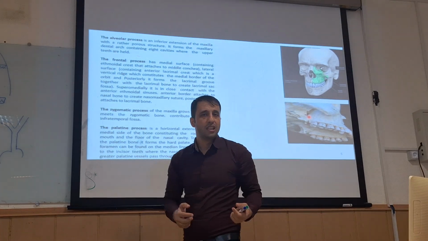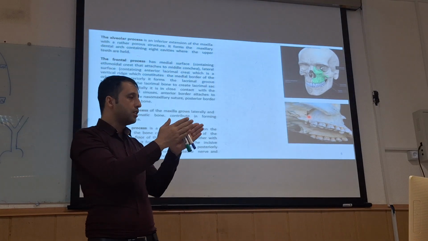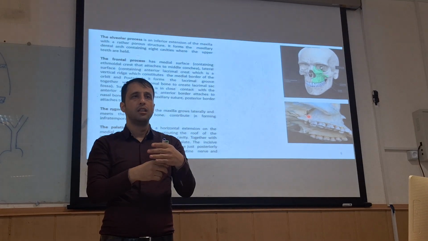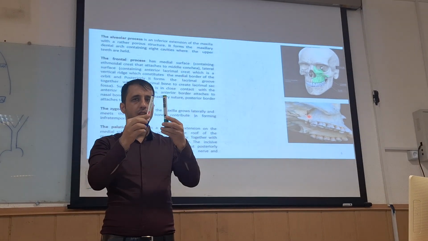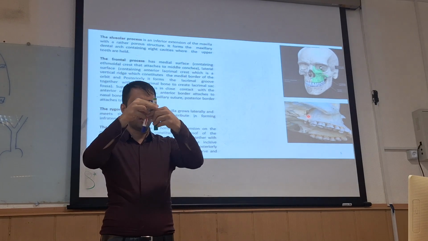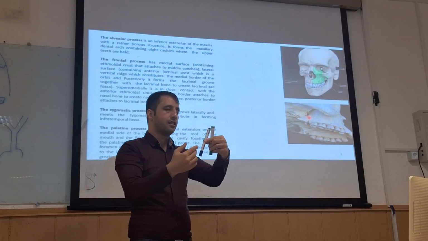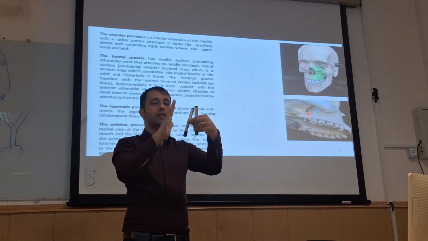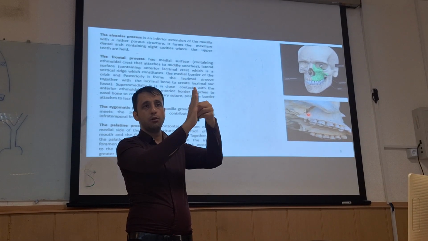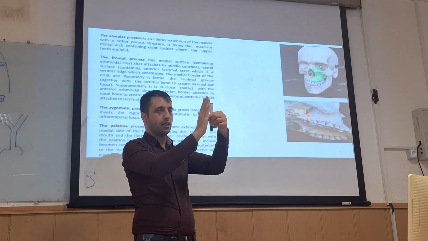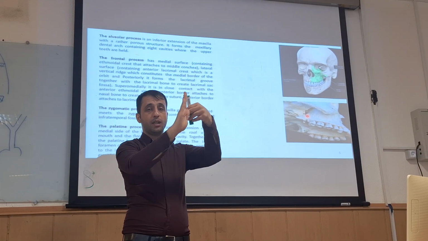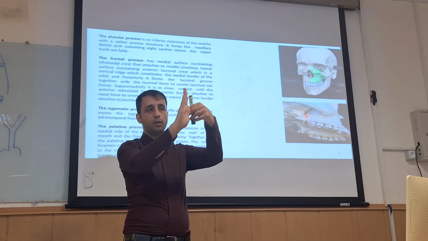I can say that the pyramidal process attaches to the maxillary tuberosity, and also this process covers the pterygoid fissure. You remember the pterygoid fissure? A fissure between the medial plate and lateral plate of the pterygoid process. And I said that the medial plate attaches to the posterior border of the perpendicular plate of the palatine bone.